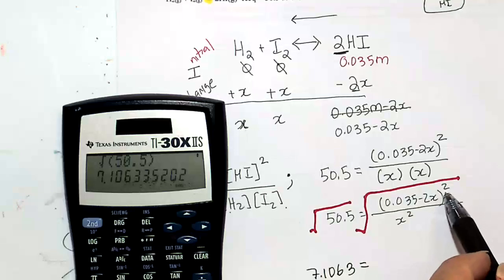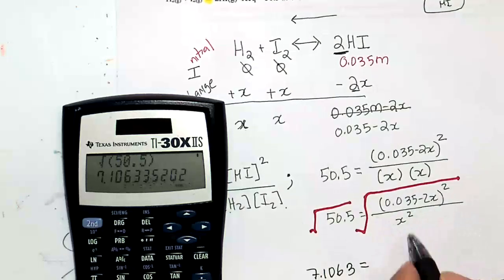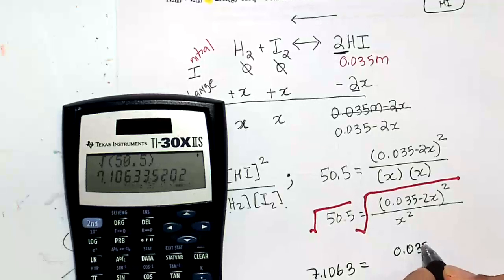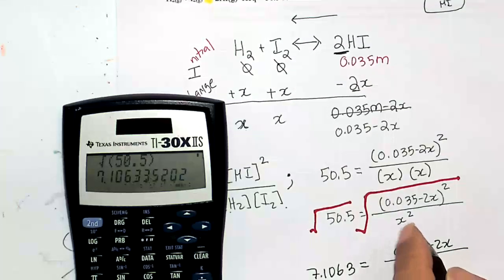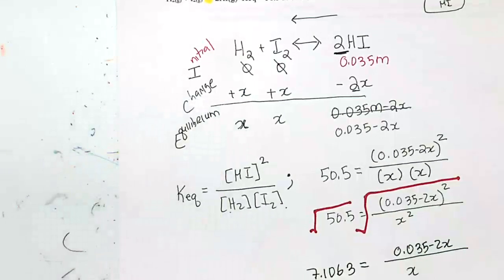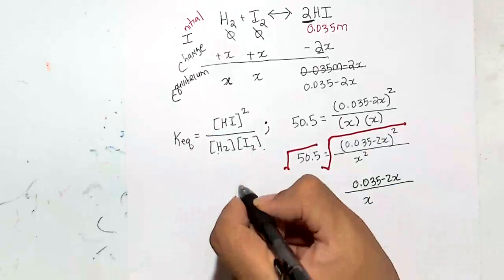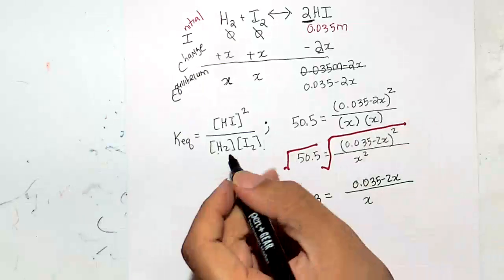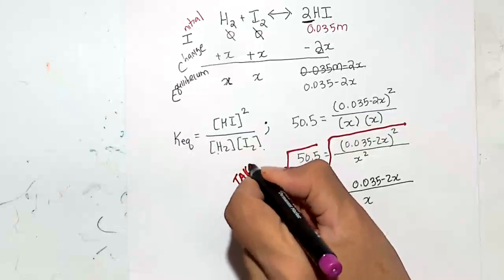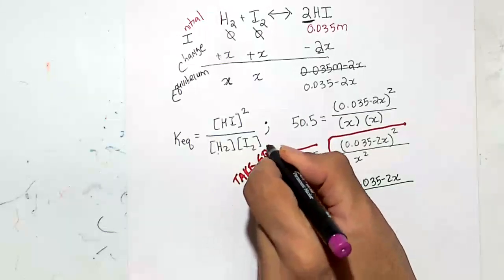If you take the square root of a minus b whole squared, it's just a minus b. And the square root of x squared is what? It's x. So we're taking the square root on both sides to solve for x here.